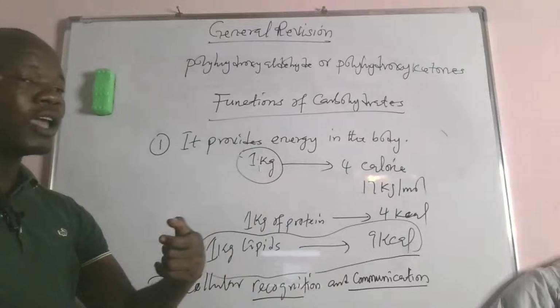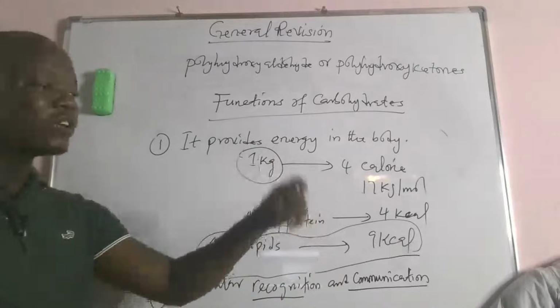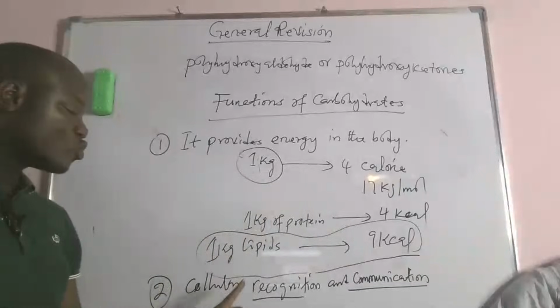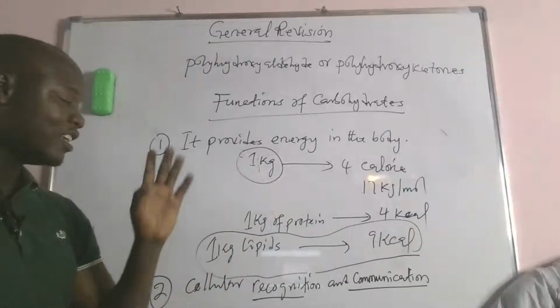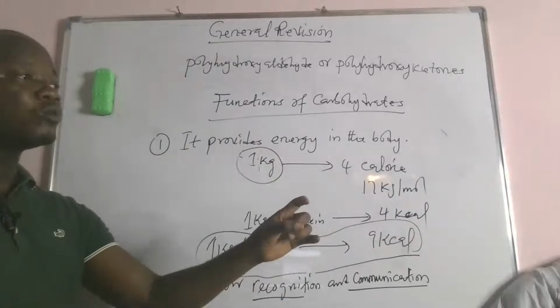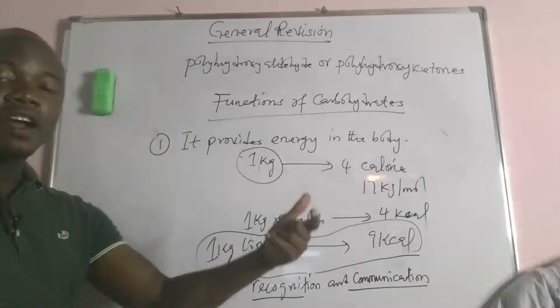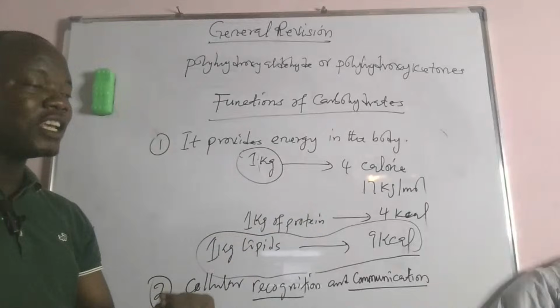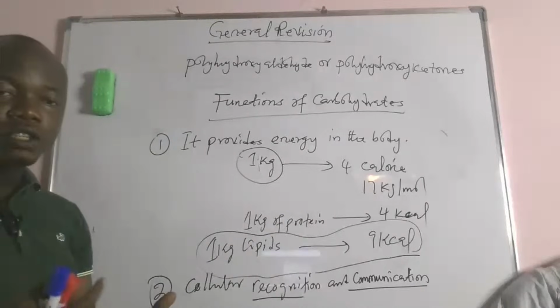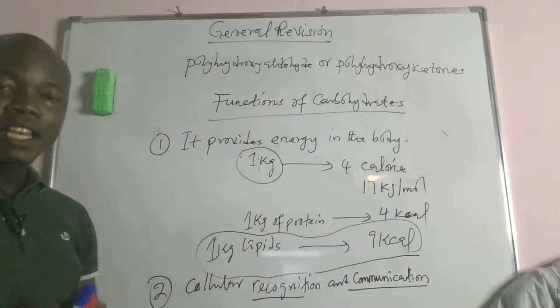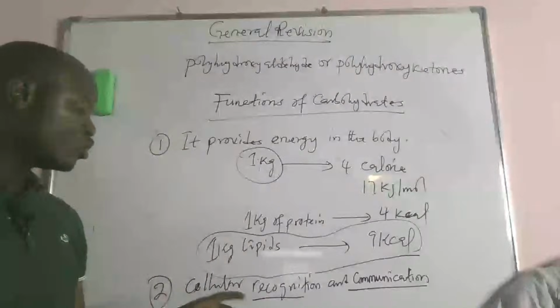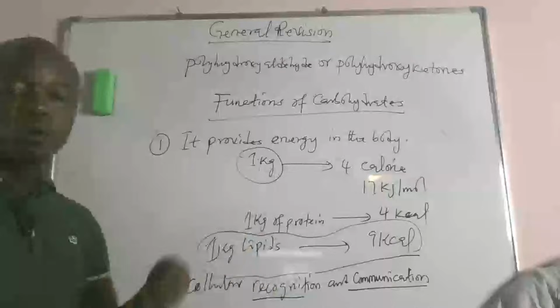How our immune cells recognize and communicate to other cells that this is a bacterial cell, or how our body recognizes that this is a viral cell and communicates with immune cells in the body to eliminate those foreign organisms or microorganisms that can cause disease in our body, is through cellular recognition and communication.